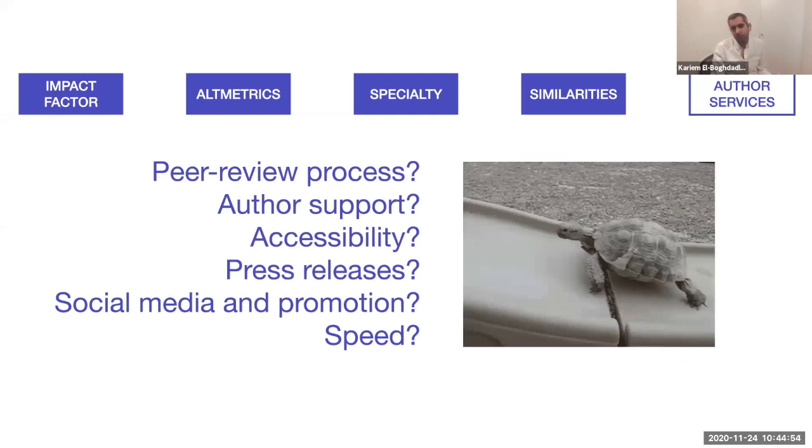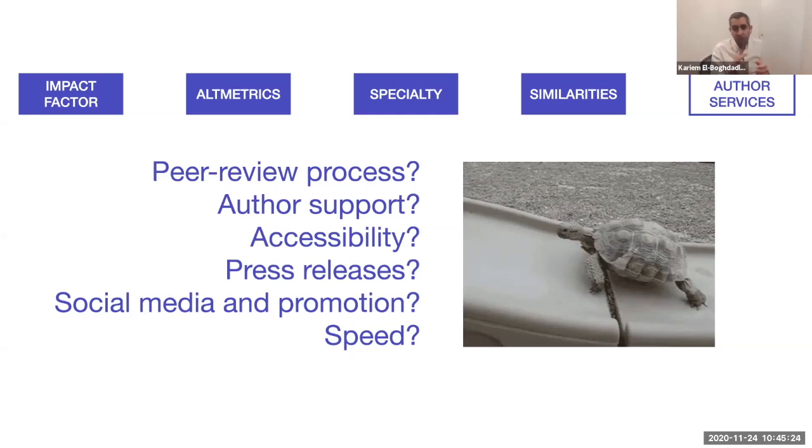So the peer review process. I make no qualms in admitting that the peer review process of the CJA, for example, is phenomenal. I love the CJA. They always get really insightful reviewers. And I found that any paper that I published there really is better after the peer review process.